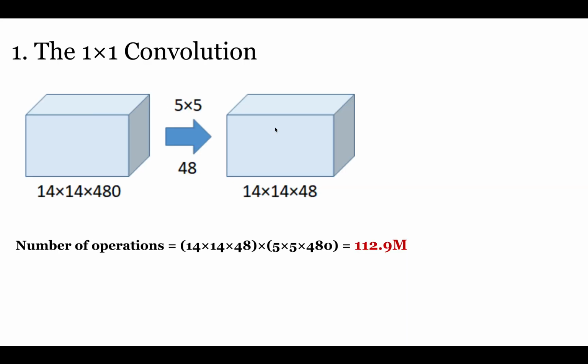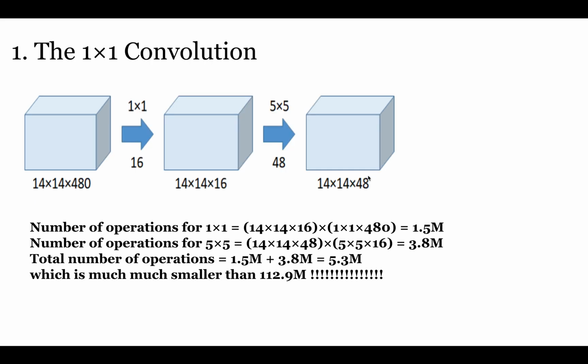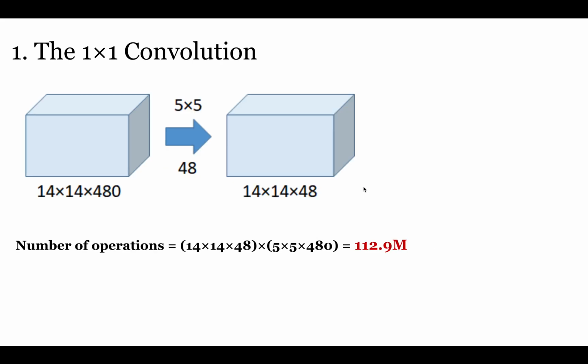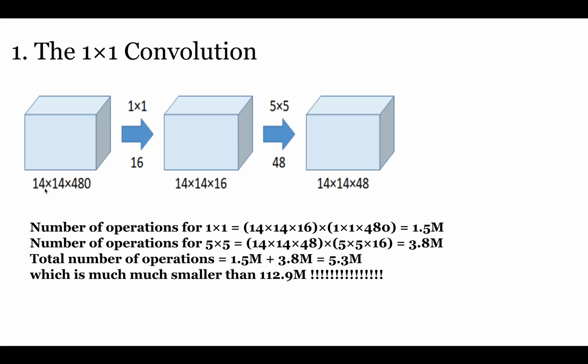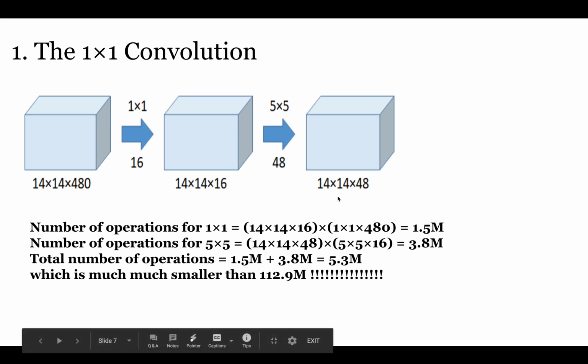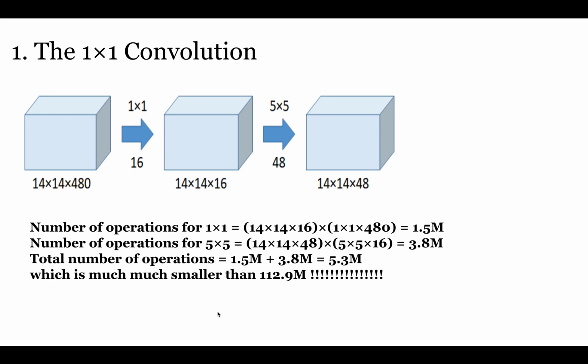As in the previous slide, the output has 48 channels. The input is 14 by 14 by 480 and the output is 14 by 14 by 48, the same as before, so the output is similar with the same number of channels.